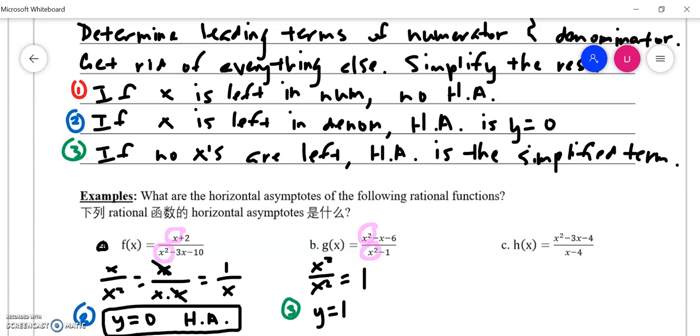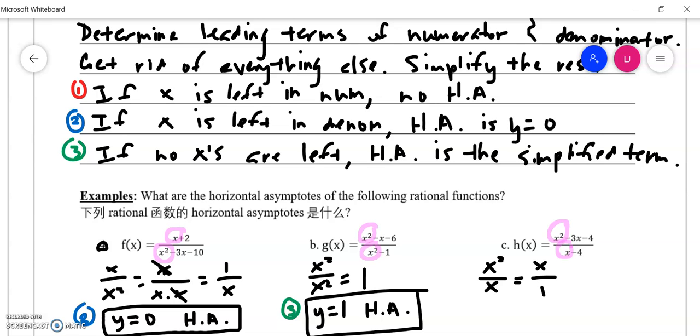So y equals 1 is the horizontal asymptote. All right, last one. Leading term, so the greatest exponent, we've got an x squared, and then we have an x here. So x squared over x. This simplifies to x over 1. So here is an x in the numerator, and that matches situation 1. If x is left in the numerator, there are no horizontal asymptotes.